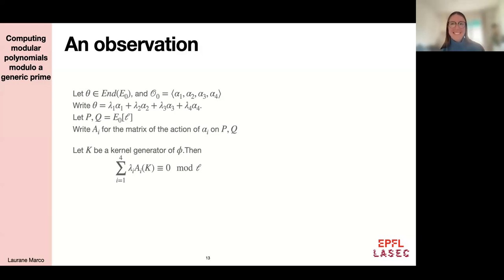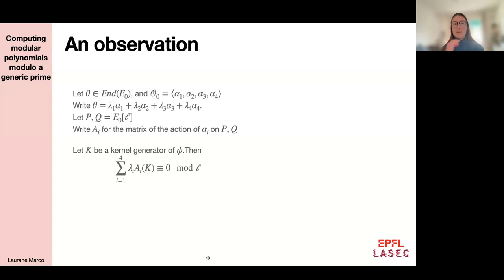What was I saying? Right. So then you can write your endomorphism theta as a linear combination of your basis endomorphisms. And if you assume that you have a basis for the L torsion as well, you could also write the action of the basis alpha I on the L torsion as matrices AI.